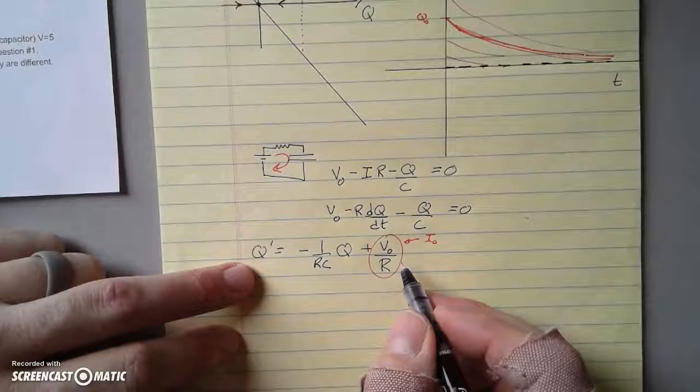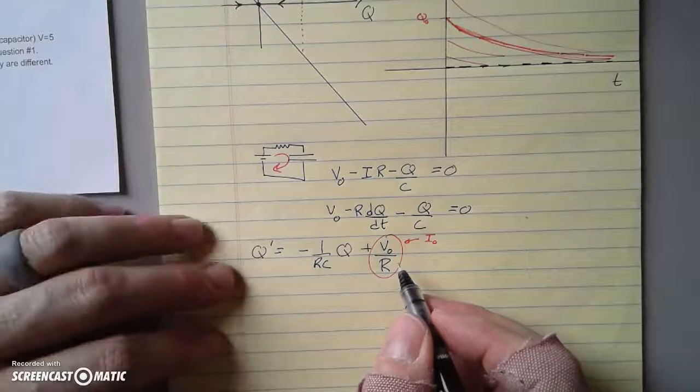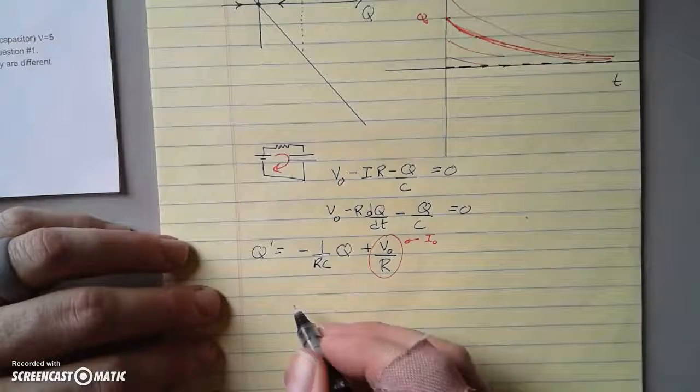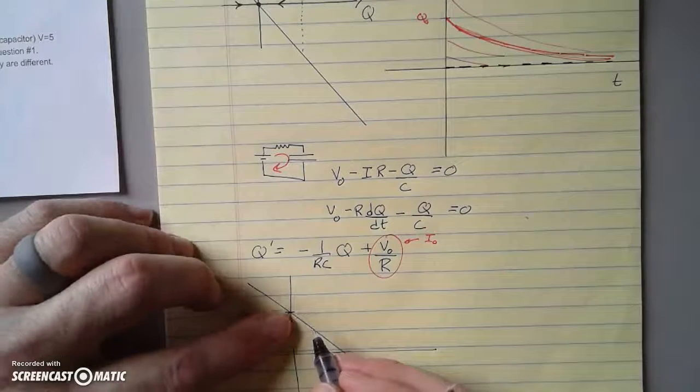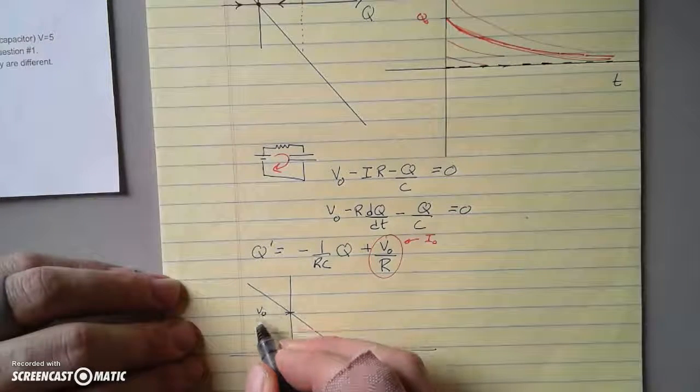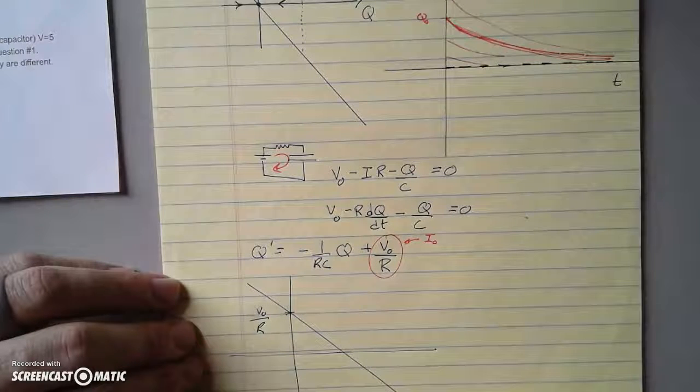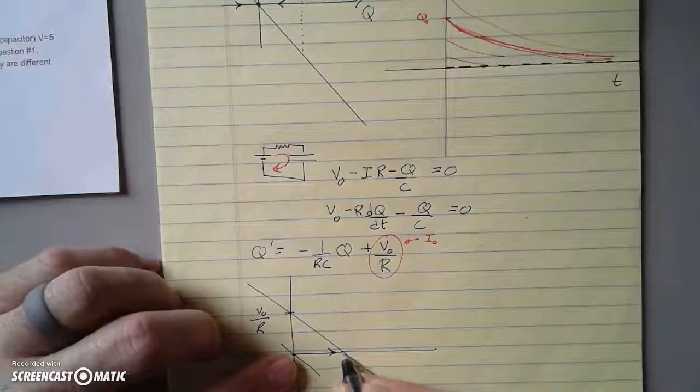We can say a lot about this graphically. This is a line, again, with a higher y-intercept. It's at V naught over R. The previous line went through the origin. That equilibrium has been shifted over here.